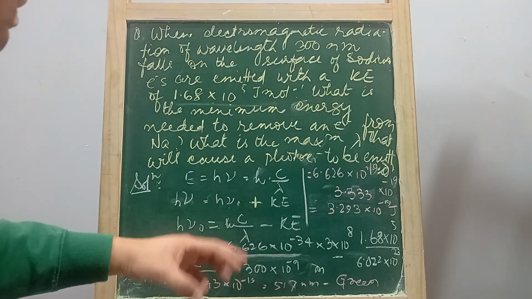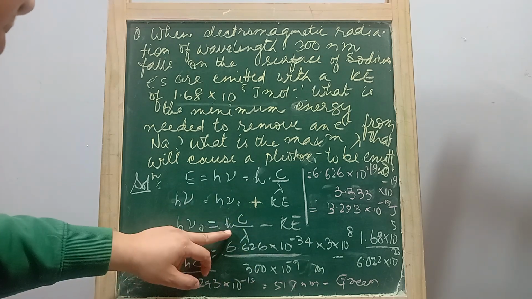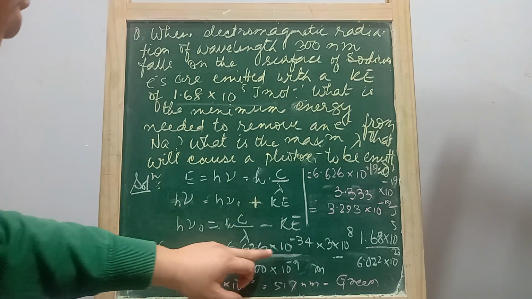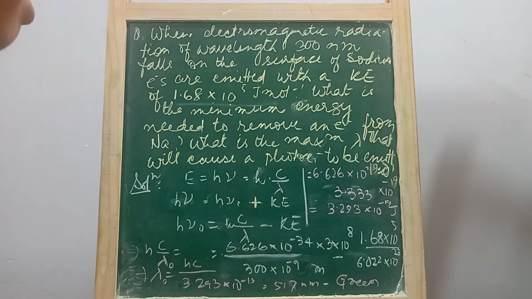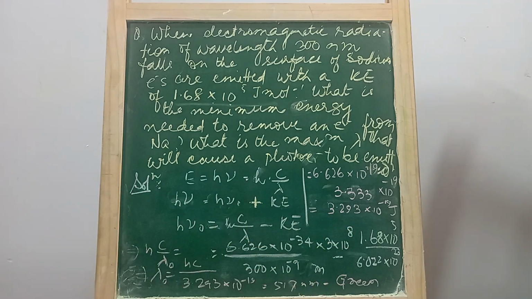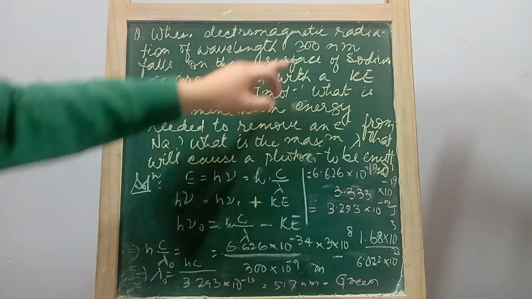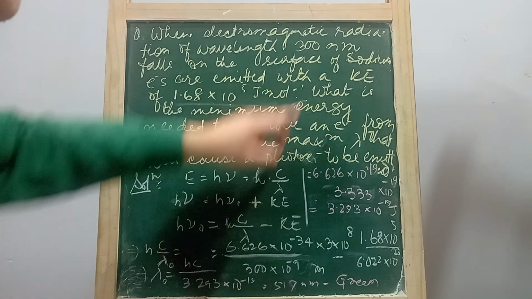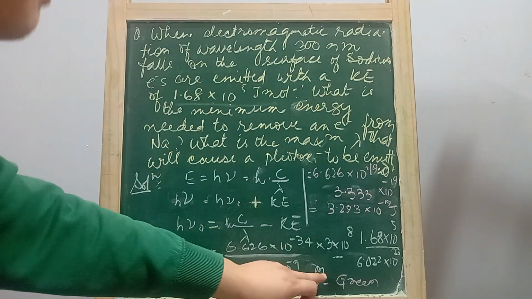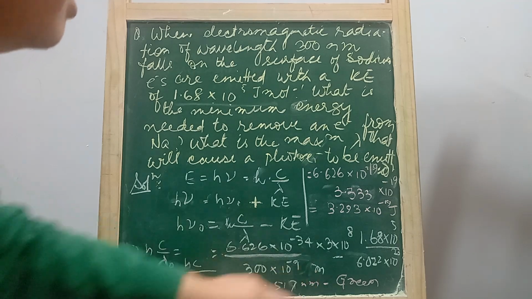So let's put the values of whatever constants we have. The value of Planck's constant is 6.626 into 10 to the power minus 34 joules second. The velocity of light in vacuum, the value of c, is 3 into 10 to the power 8 meter per second. And the wavelength has been given as 300 nanometer. Nano means 10 to the power minus 9, so 300 multiplied by 10 to the power minus 9 meter.